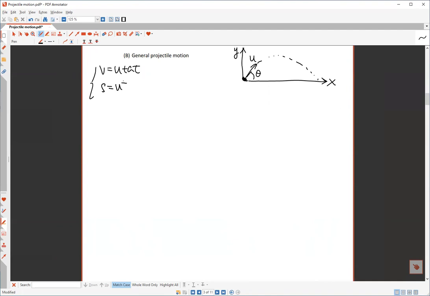We are still starting from these two, and then separating into four. All the steps are quite similar.